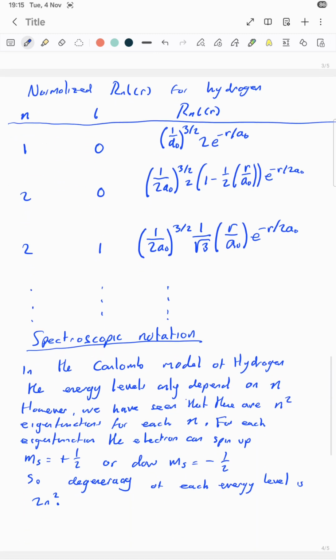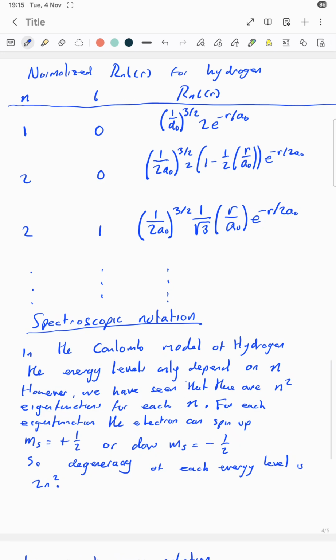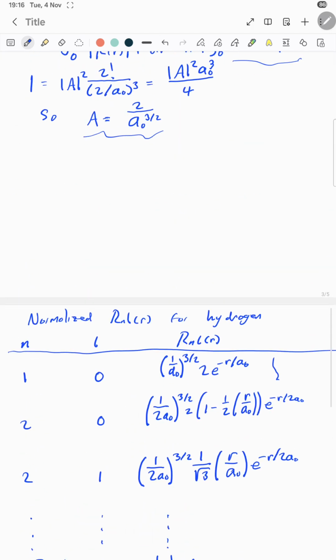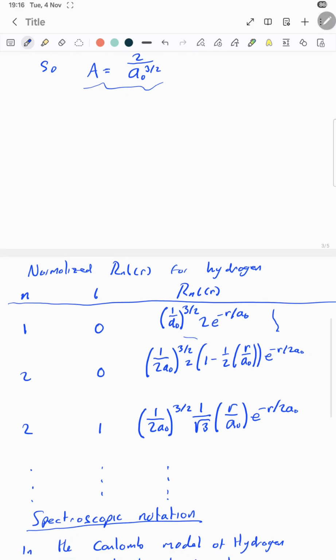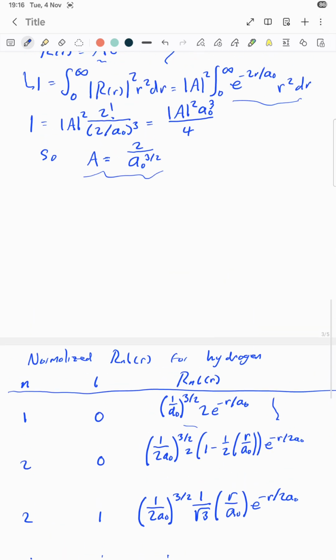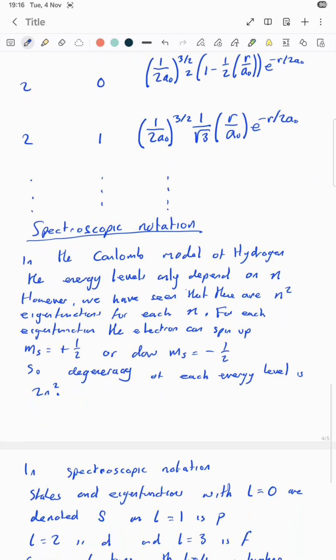Here we are, normalized R_n for hydrogen, where our values for n and L are here. So this is the first solution, that was 2 over, I think this one, unless I've messed something up. But anyway, you get the point.